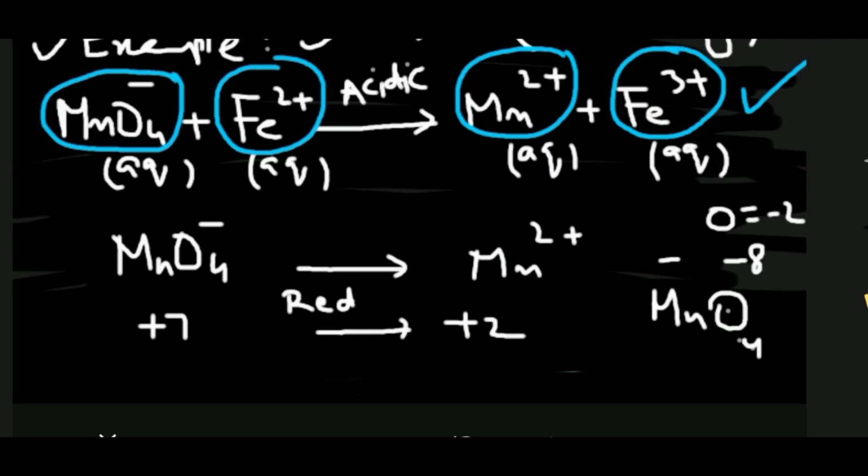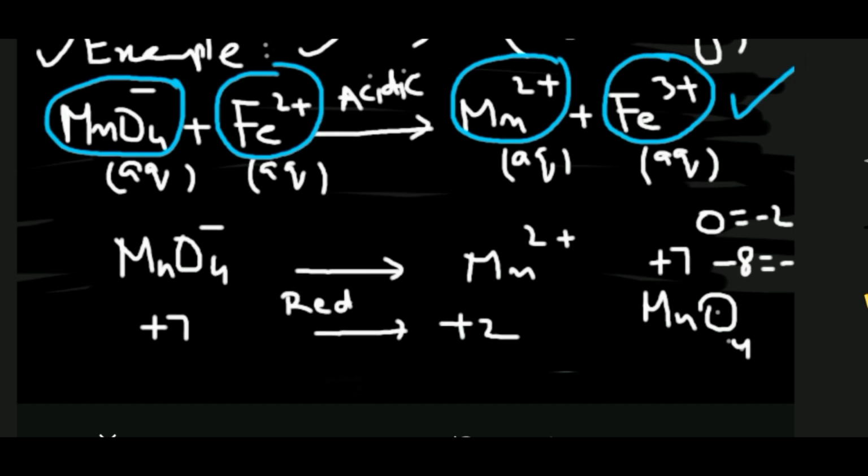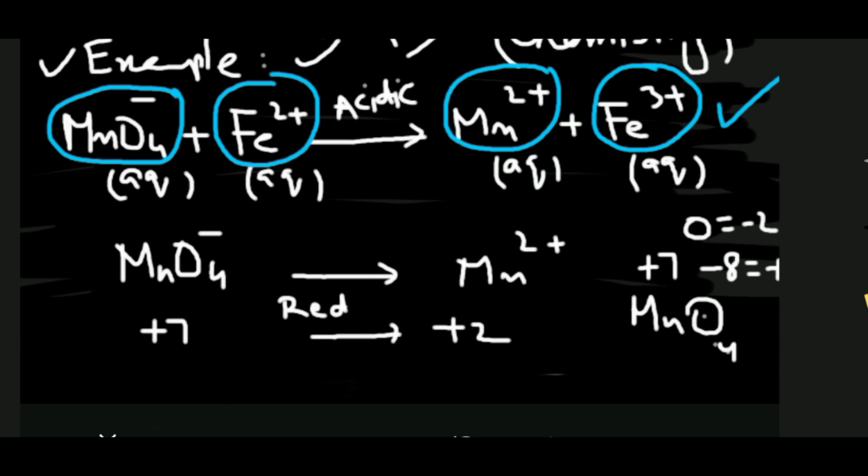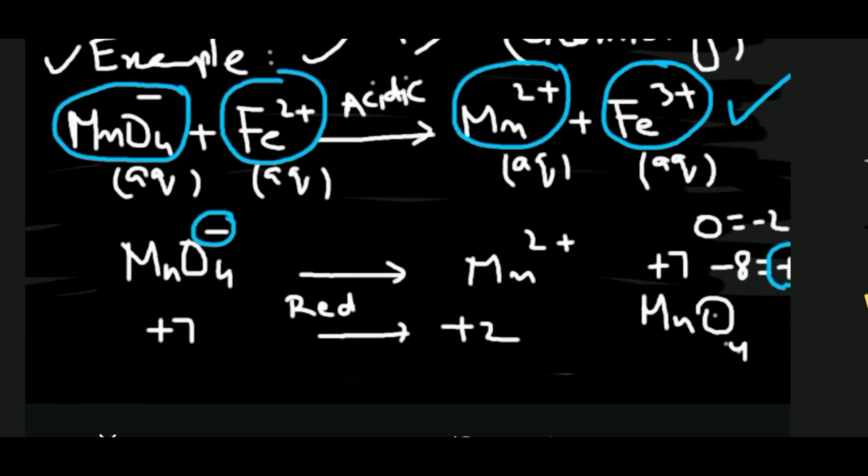So manganese will be in the plus 7 oxidation state, and the net charge is minus 1. Manganese is in the plus 7 oxidation state and it is reduced to the plus 2 oxidation state. It means that manganese in permanganate is reduced from plus 7 to plus 2.